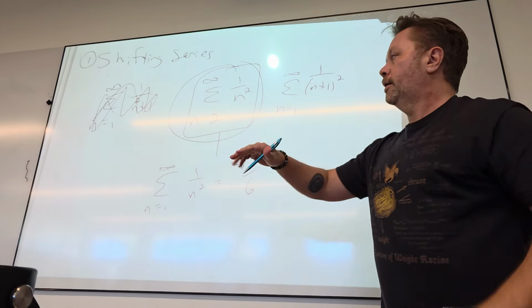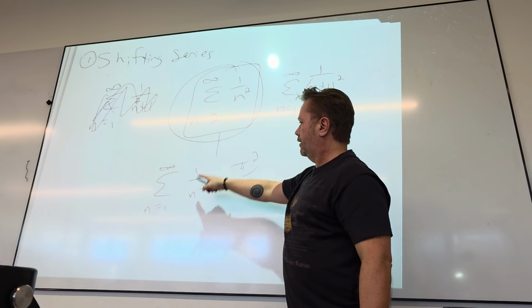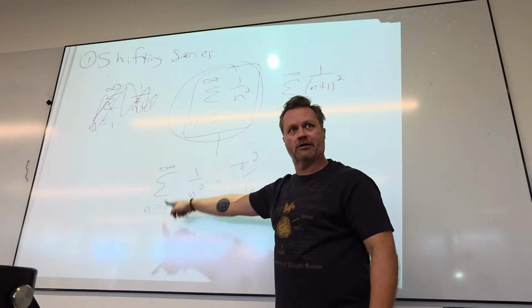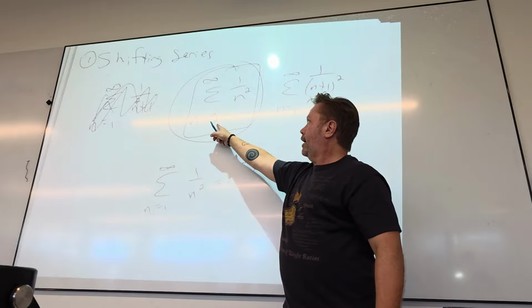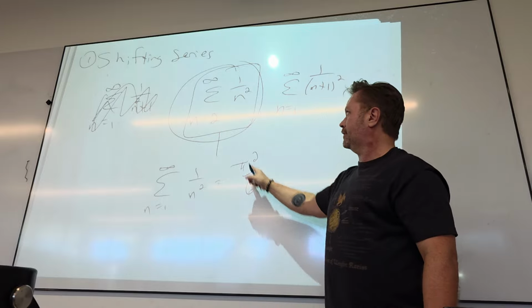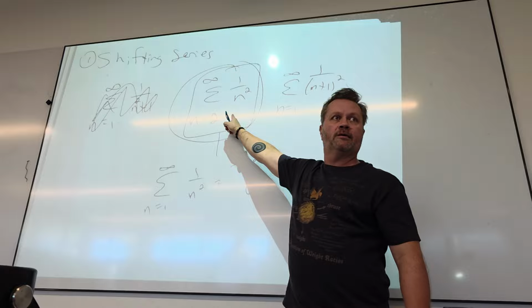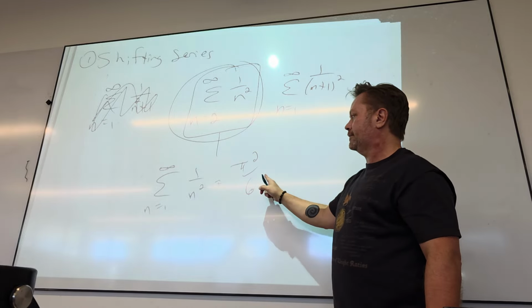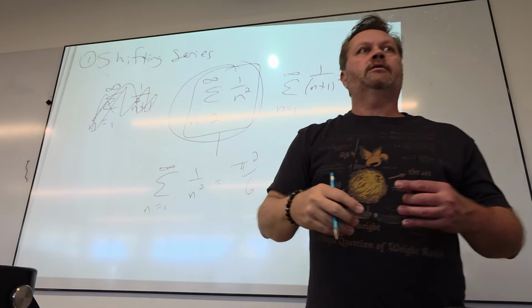But if you just talk about it on a lower level, which one of these has more elements in a way? This one does. So the sum of everything is pi squared over 6. What is this guy missing compared to him? The first term, and what is the first term? 1. So the sum of this guy must be pi squared over 6 minus 1, because he's missing the first term. Do you guys see that?